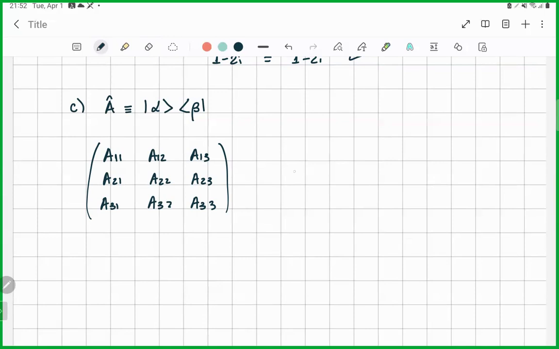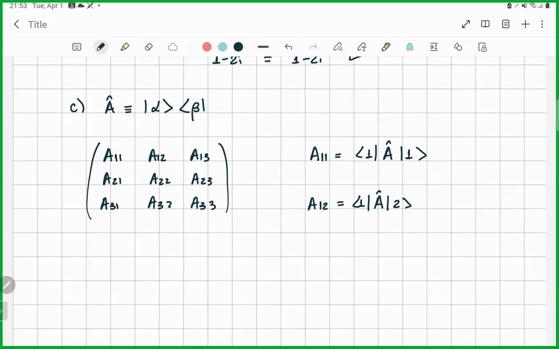The element A11 means what? Is wherever the operator is in a sandwich with the vector 1 and 1. Okay, let me write one more. The 1, 2. This element 1, 2 is the operator A in a sandwich with the vector 1 and the vector 2. So that's how we build each one of those elements. Once we have all of them, we can write our matrix.